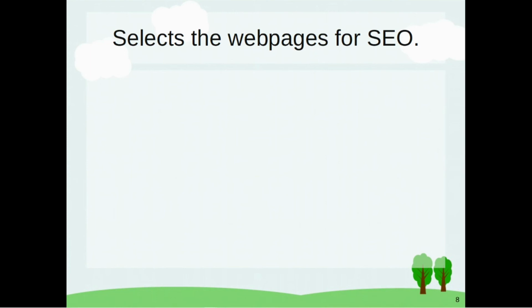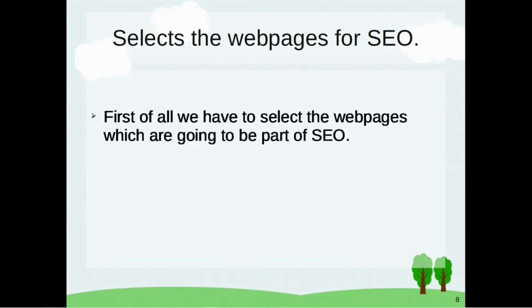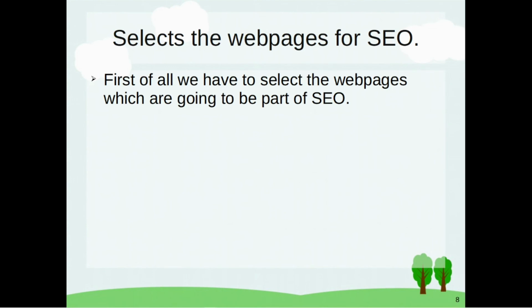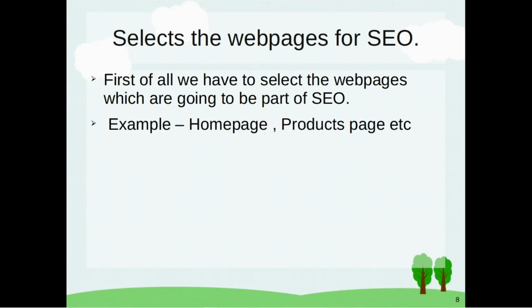It will be more lengthy, and it will also cost much more money for your website SEO. First of all, we have to select the web pages which are going to be part of search engine optimization.